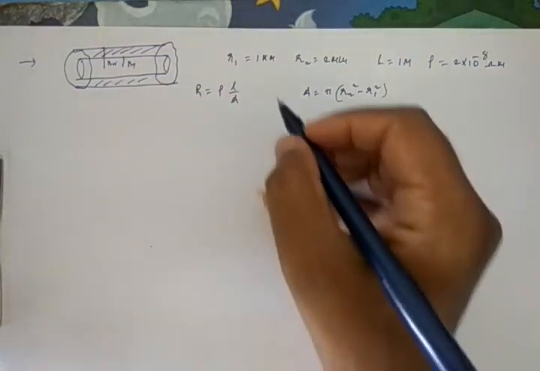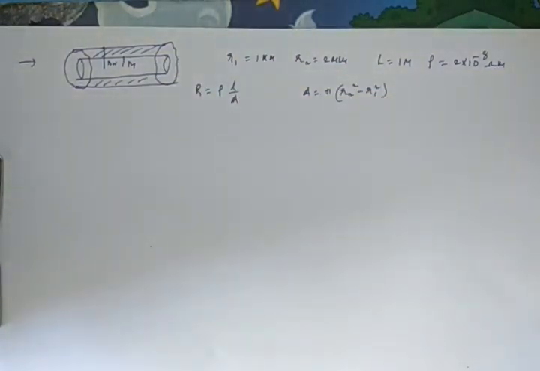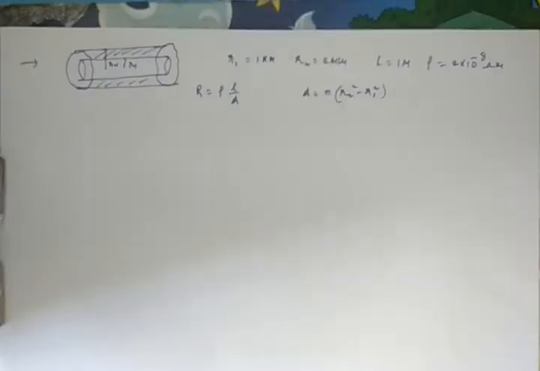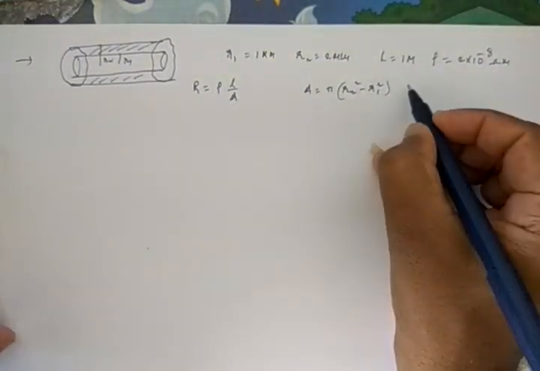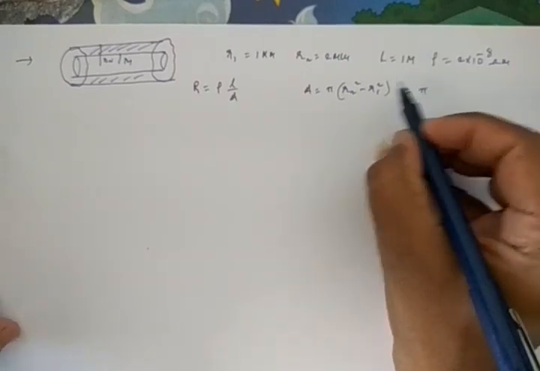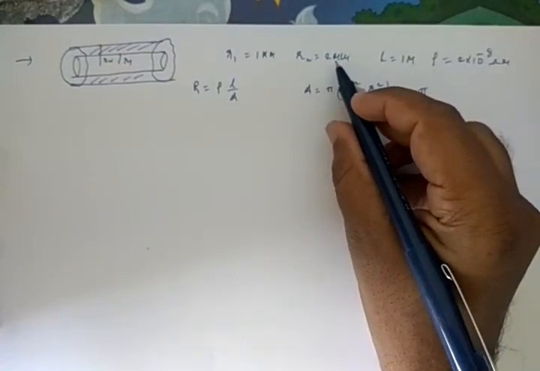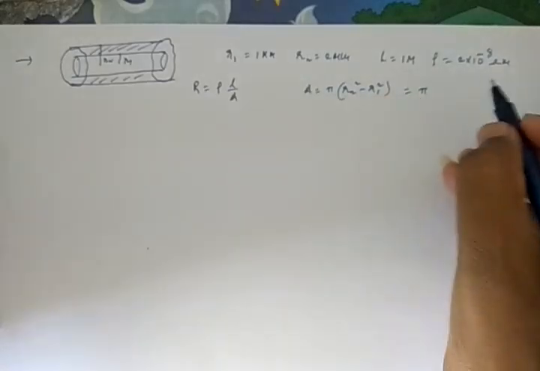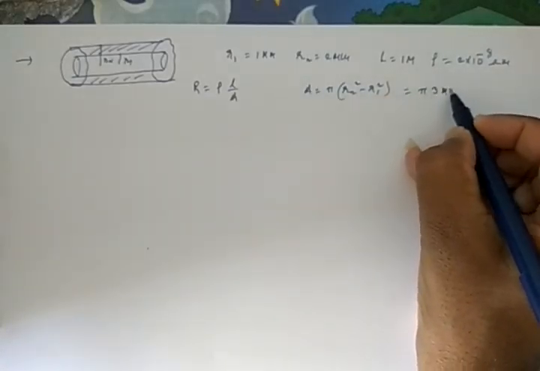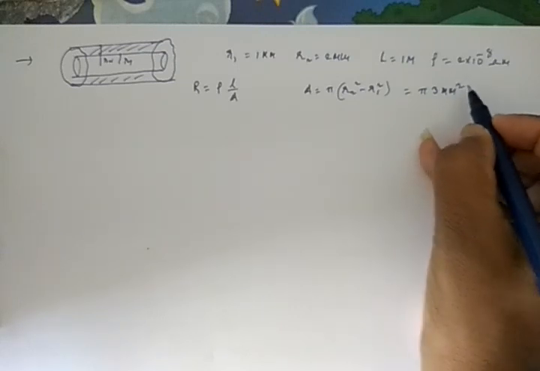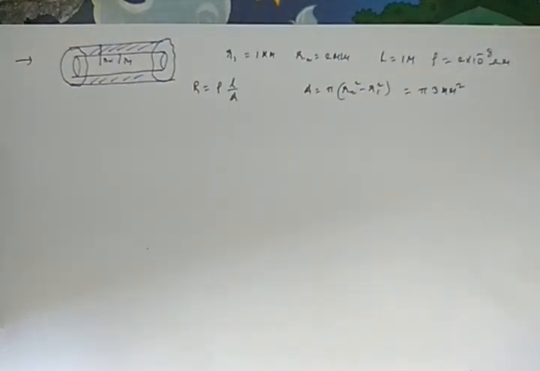Since R2 is 2 and R1 is 1, R2 square minus R1 square is 4 minus 1, that is 3. So you get 3 pi mm square. That will be your area.